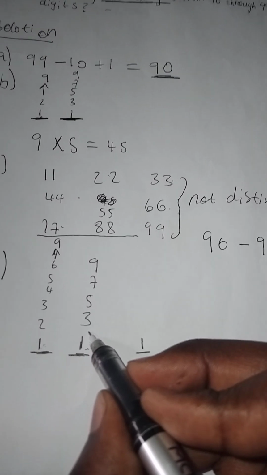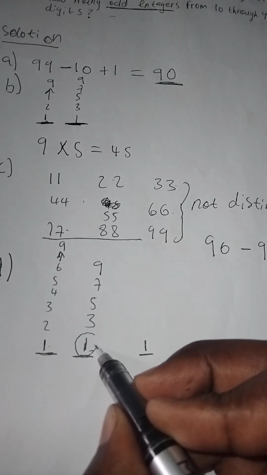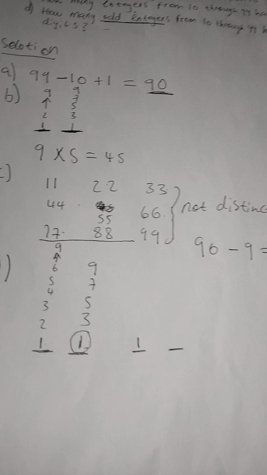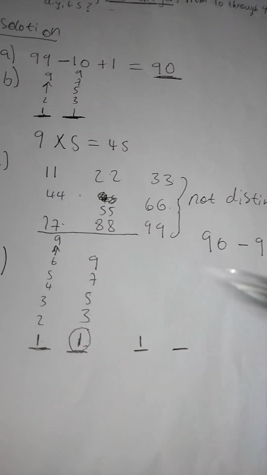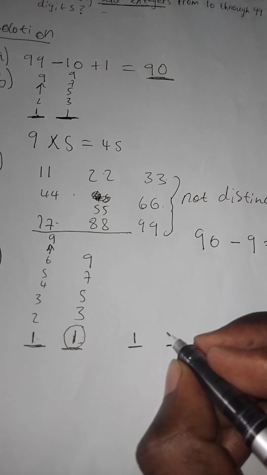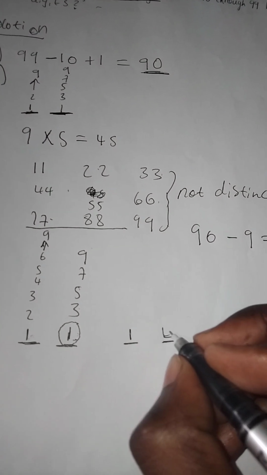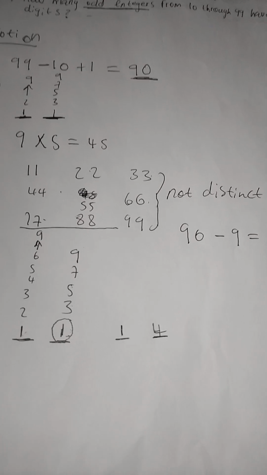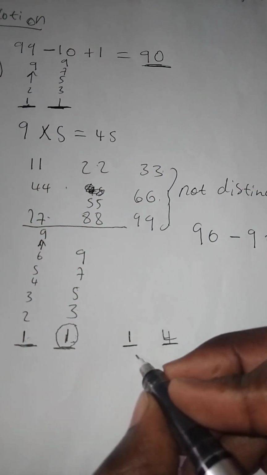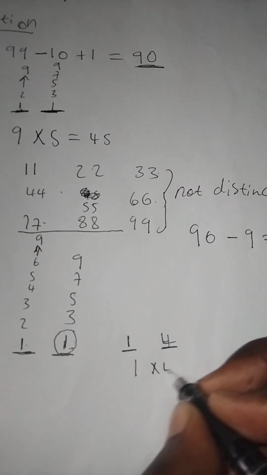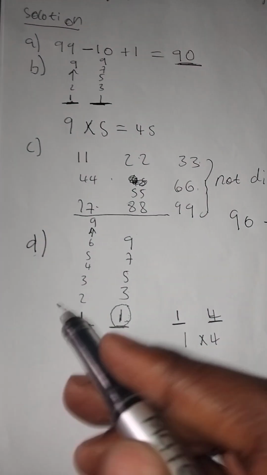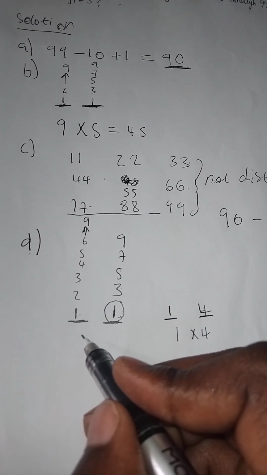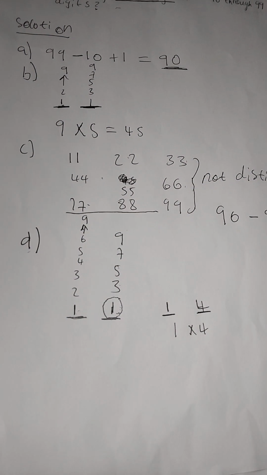That one is not going to be counted. So the possibility that I have to put there is 1, 2, 3, 4, four numbers, so that is 1 multiplied by 4.